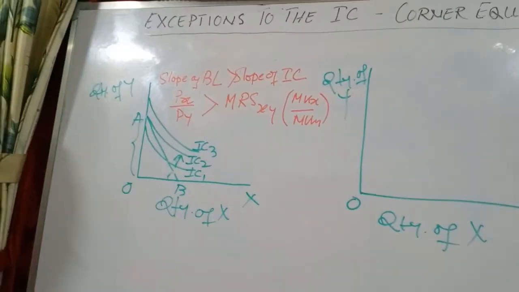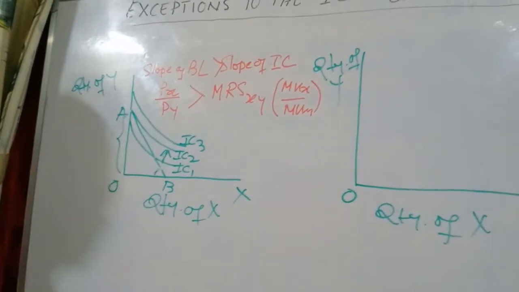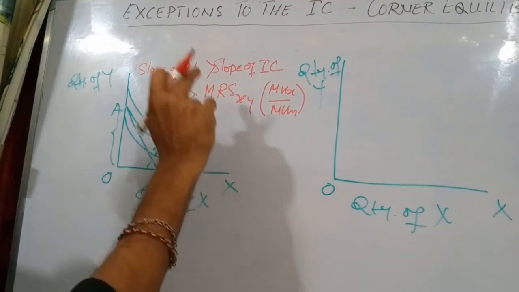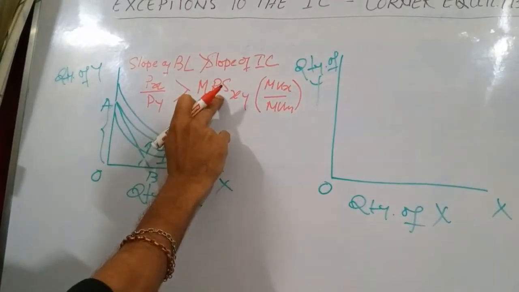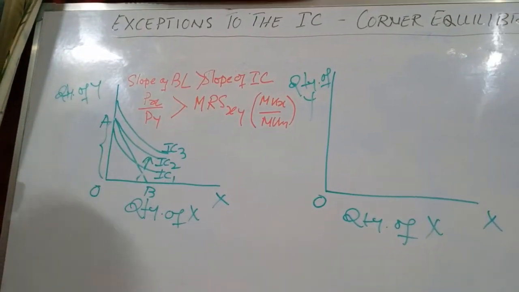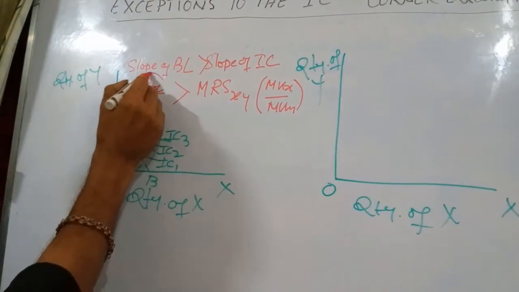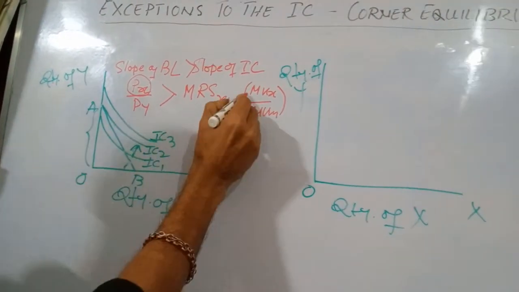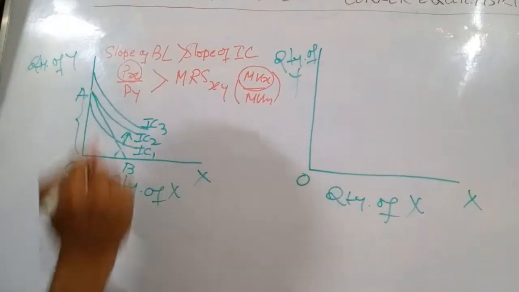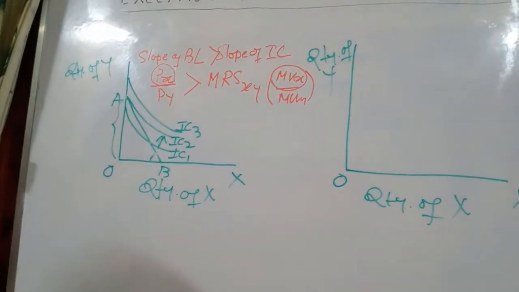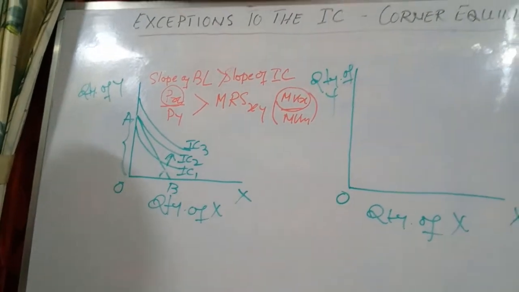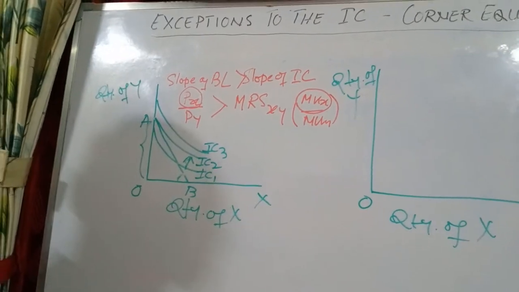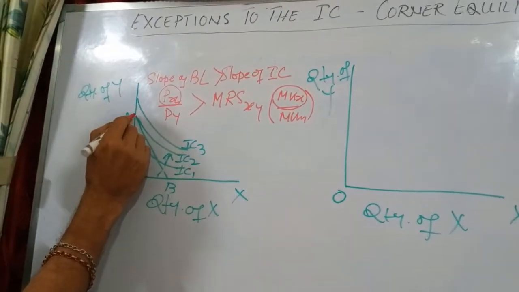Now you see, PX by PY is more than the marginal rate of substitution of X for Y. This means the price of X is too high compared to the marginal utility of X to the consumer. So the consumer is rejecting X and purchasing only Y. So this is his equilibrium point.